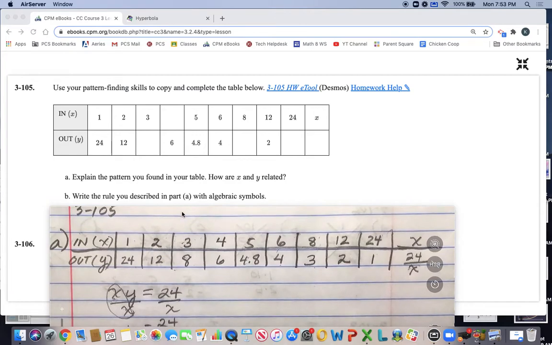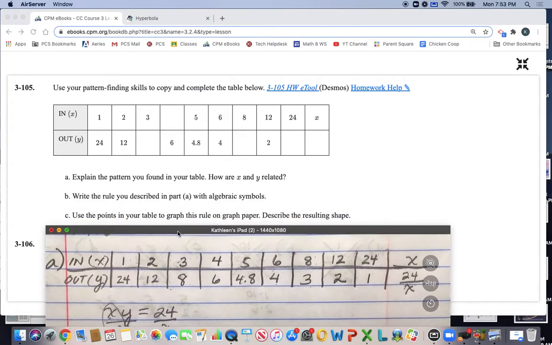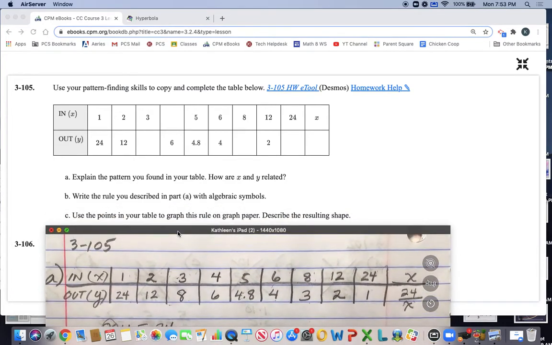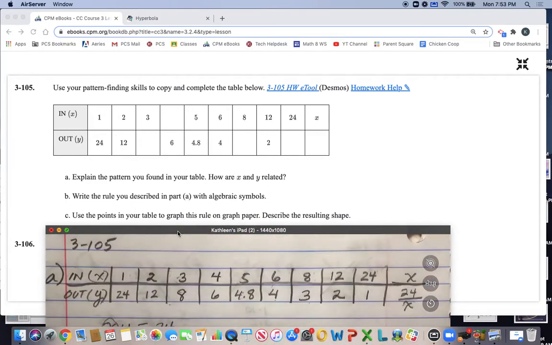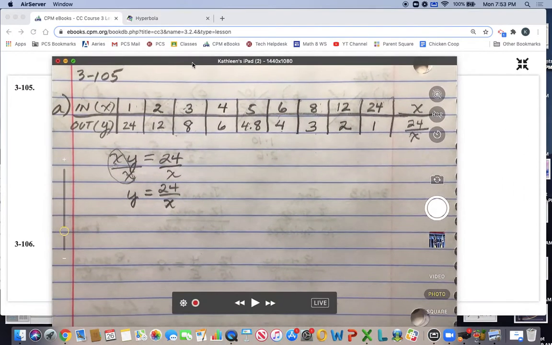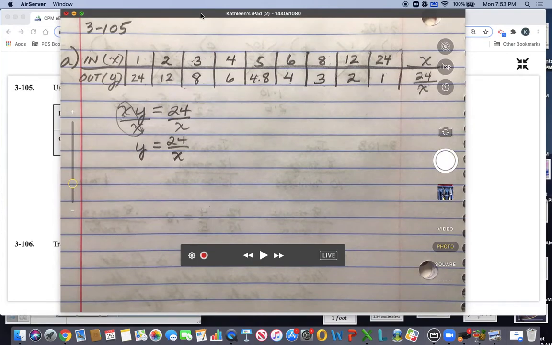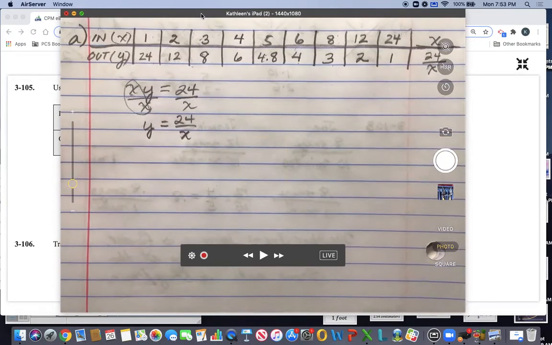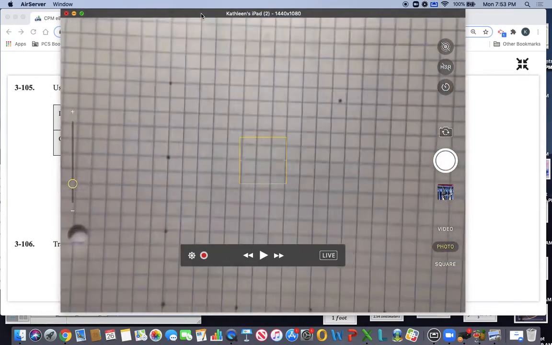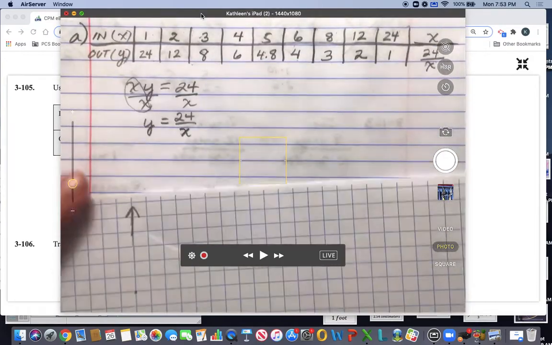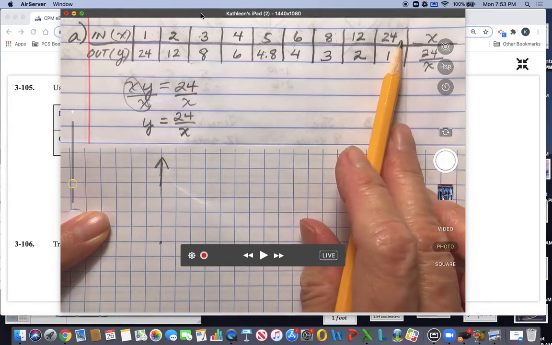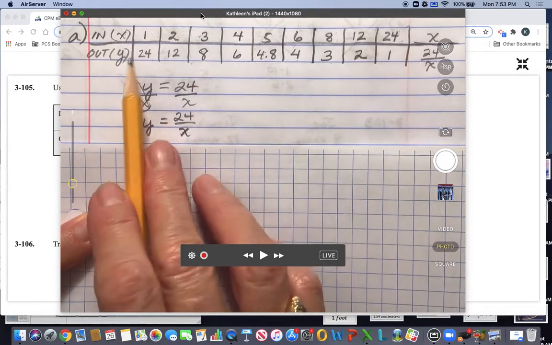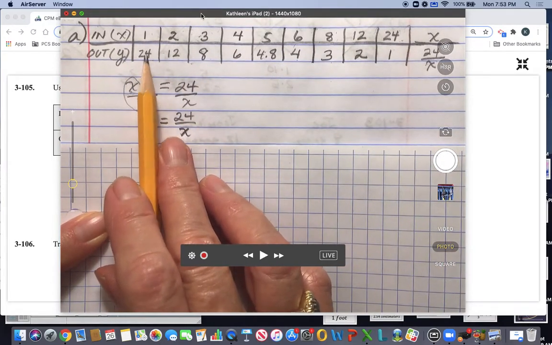All right, the next part is we need to use the points in the table to graph this rule on graph paper and then describe the shape. Okay, so let me move this up so you can see my graph paper, because we still need to see the table. And then for my graph paper, I figured that it had to go up to 24 in the X's, and it also had to go up to 24 in the Y's.